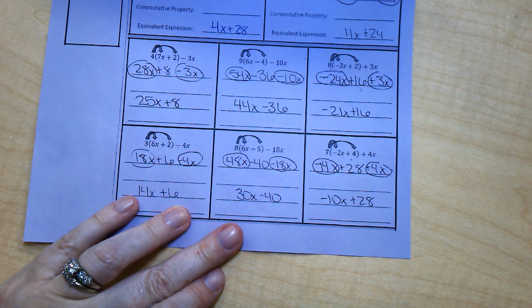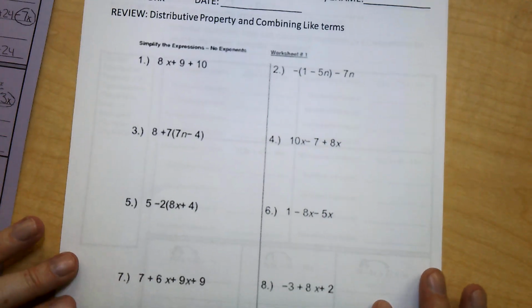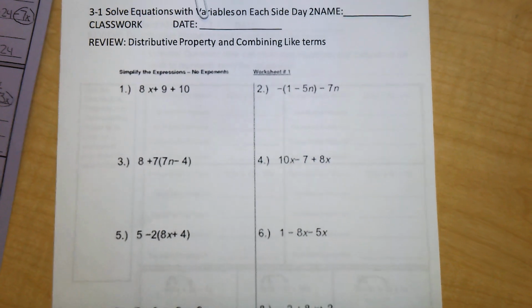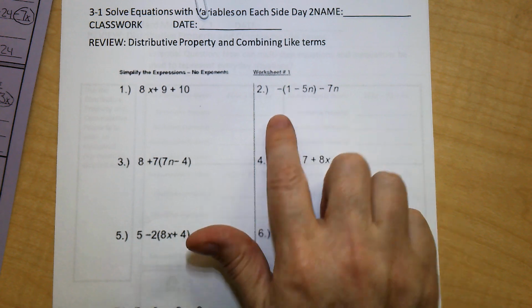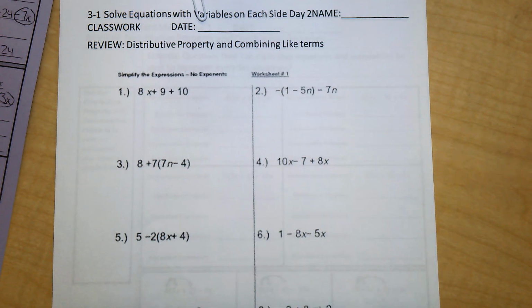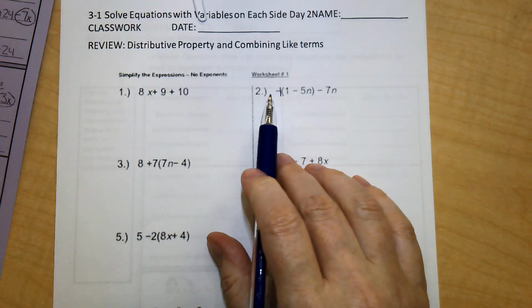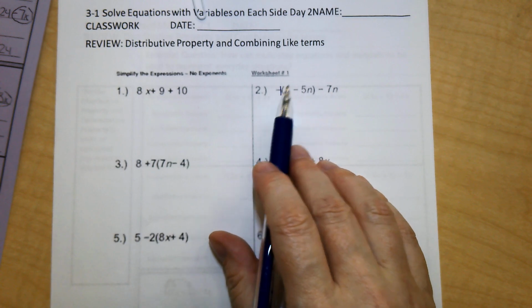All right, so now with your assignment, okay. Now, if you have parentheses, you're going to distribute. Remember, that one is a negative, so you put a little 1 outside of it, so you're going to distribute the negative 1 to both terms inside.